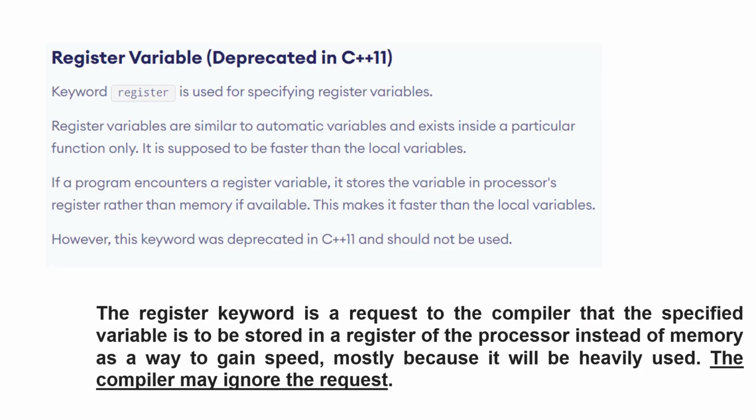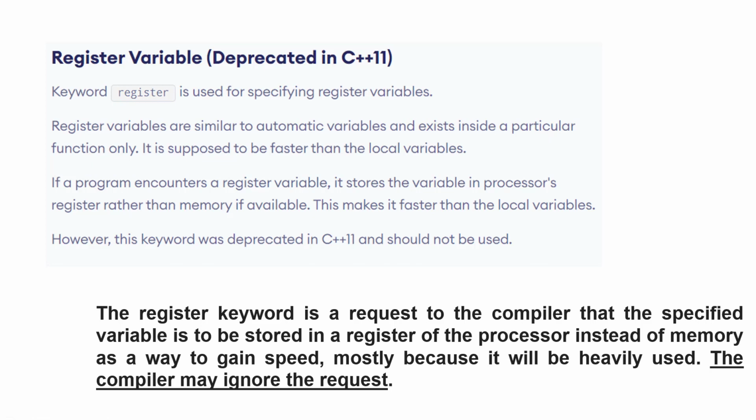Next, we have the register variable. This is not that important in the newer C++ versions, but as theory, register variables are similar to automatic variables and exist inside a particular function. It is supposed to be faster than the local variables.